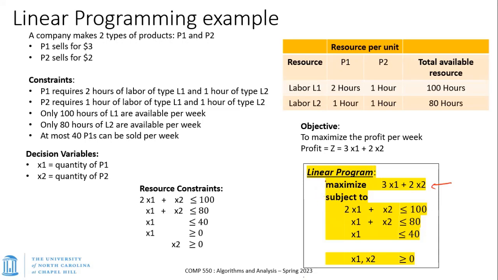So you write the linear program as maximize or minimize this equation subject to the following equations. In this case, n, the number of decision variables, is equal to 2, and the number of constraints, m, is equal to 5. So you've got 5 constraints and 2 unknowns.